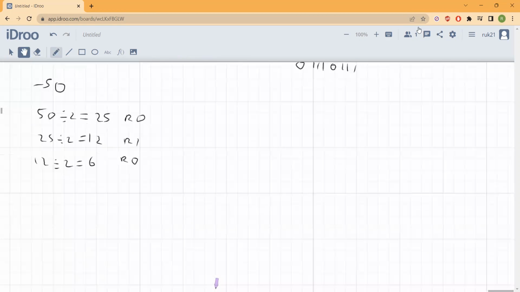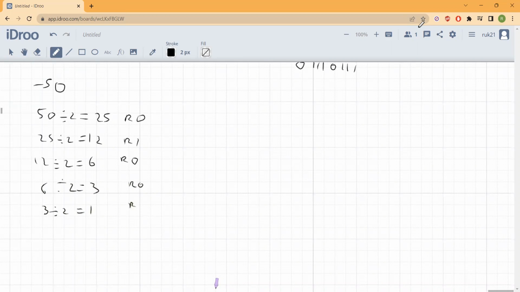We carry on. So 6 divided by 2 is equal to 3, remainder 0. 3 divided by 2 is equal to 1, remainder 1. 1 divided by 2 is equal to 0, remainder 1. And here we're going to stop.